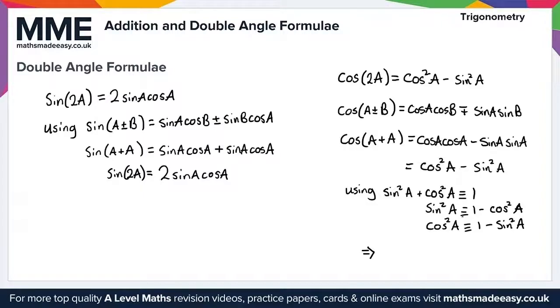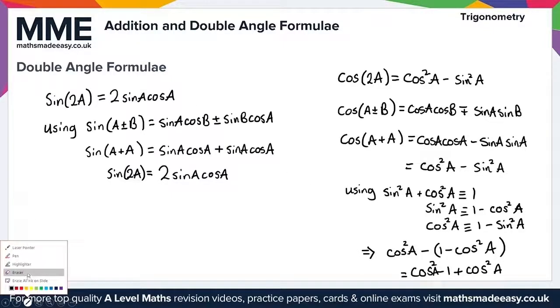So substituting sine squared a in here, that gives us cos squared a minus this expression here, so that's minus (1 minus cos squared a). Okay, and if we evaluate that, that gives us cos squared a minus 1 plus cos squared a. And if we simplify that, we get 2 cos squared a minus 1. So there was an a there, sorry. Okay, we've run out of room a little bit, so we'll just clear this side over here first.